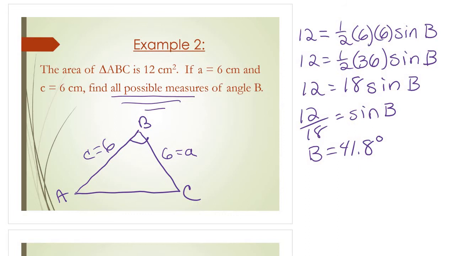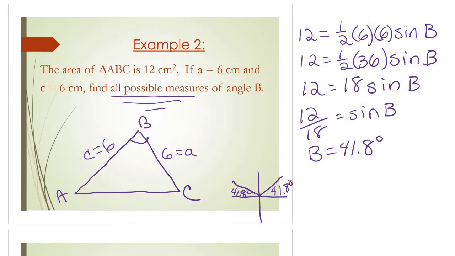However, we want all possible angles, and this is where a little bit of our unit circle comes into play. We just have to know the quadrants. So since sine is your y value, it's positive in both the first and second quadrant, and we don't know which angle this is, because in my drawing I just drew an acute triangle. I don't know if it's actually an acute triangle.